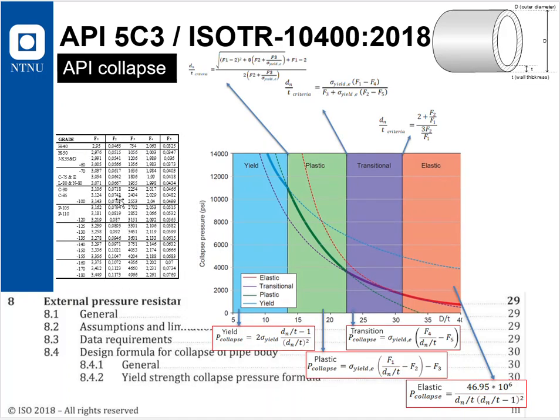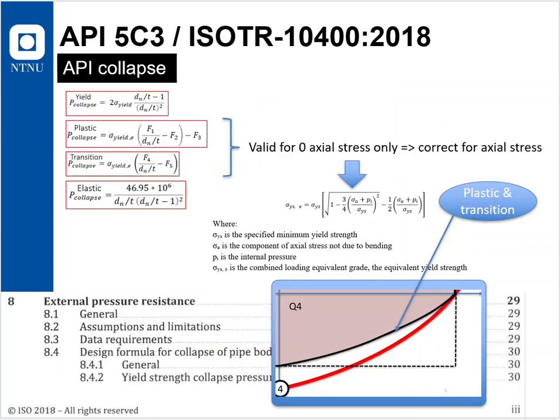The factors F1 through F5 will be listed for the different grades. You remember the formulas and how they are deducted. The borders are deducted through these criteria using the factors, and out comes the yielding collapse tolerance.